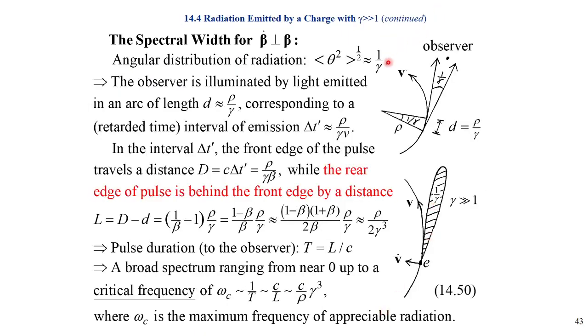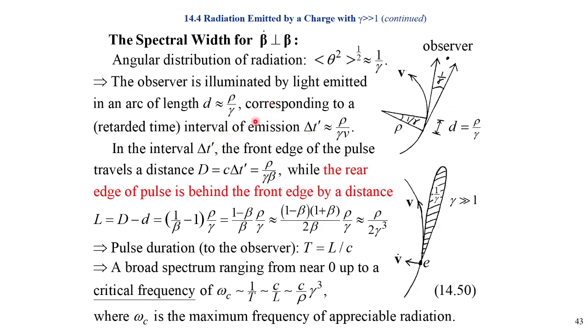Okay, so the observer is illuminated by light emitted by an arc of length d, rho over gamma. That's the angle. So the arc is d equals radius times angle, corresponding to the retarded time interval.